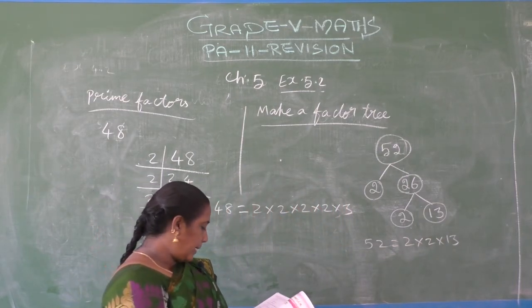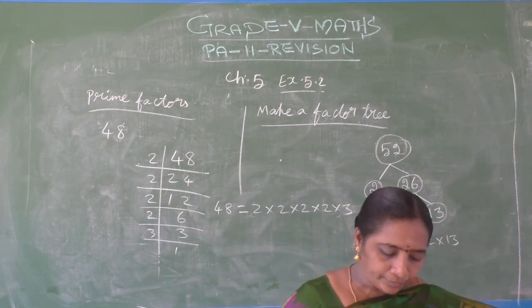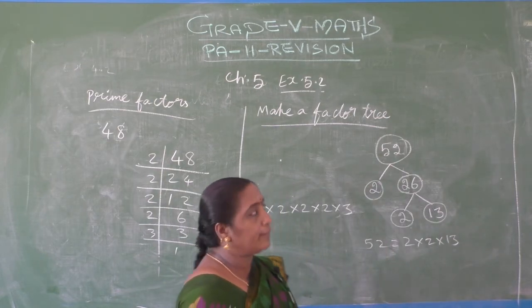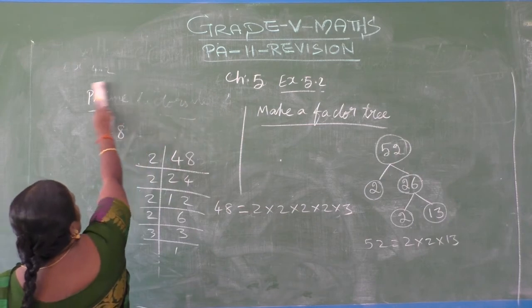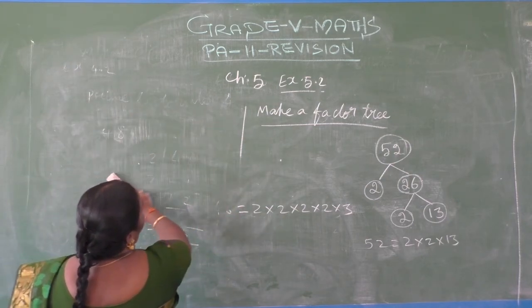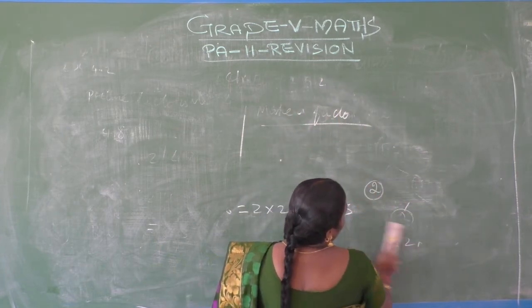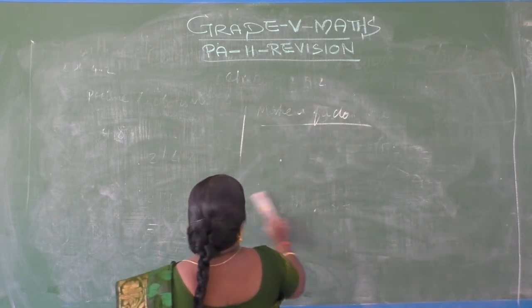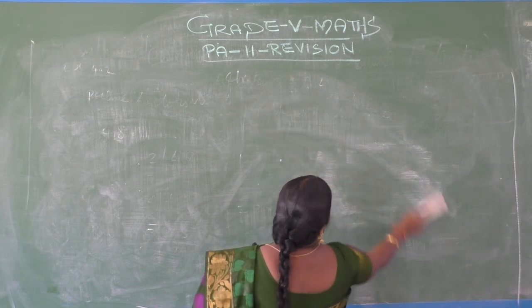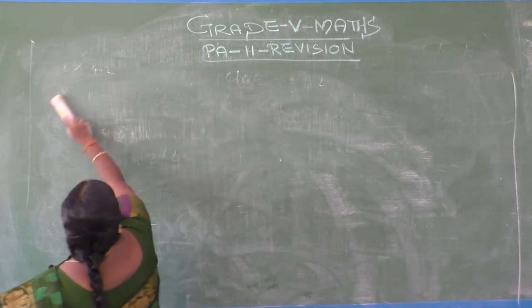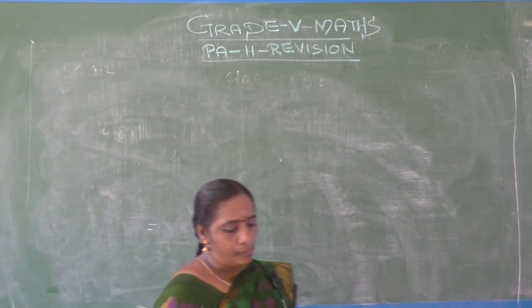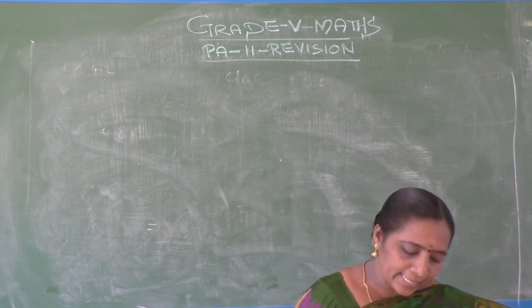Okay? Right. Then we go to chapter 6, LCM and HCF. So what is meant by LCM and HCF?